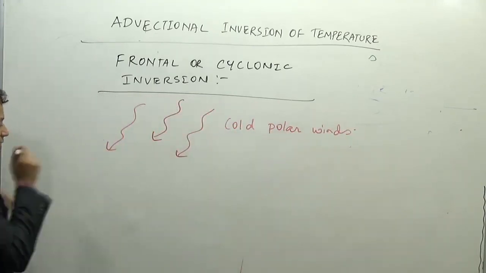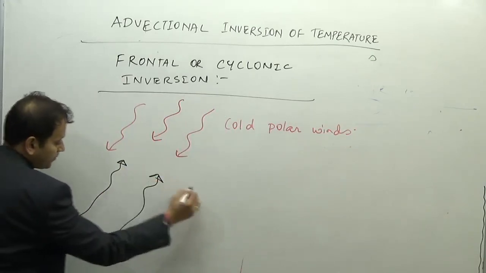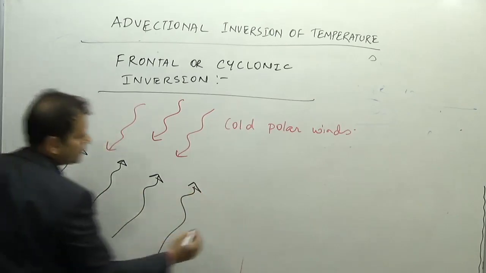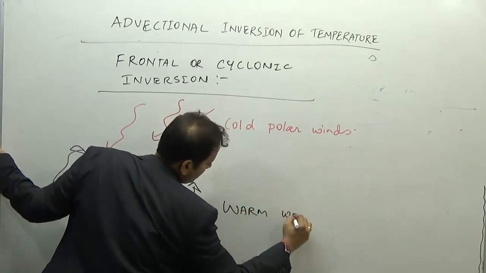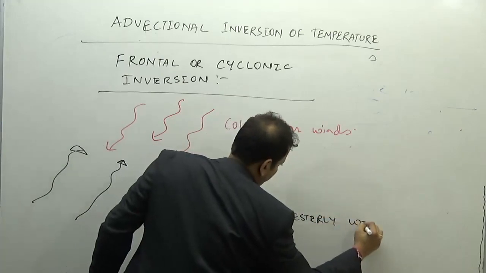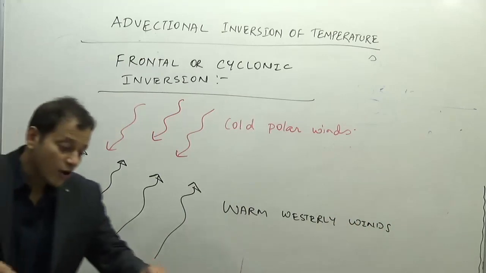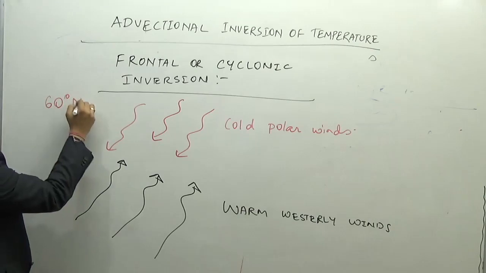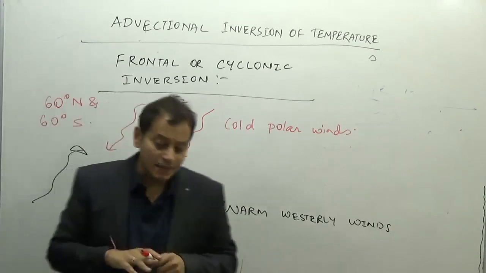And then there is another wind which we will study in the next topic, that is westerlies, which are warm westerly winds. Now this occurs at around 60 degrees north and 60 degrees south latitude, that is in the temperate region.